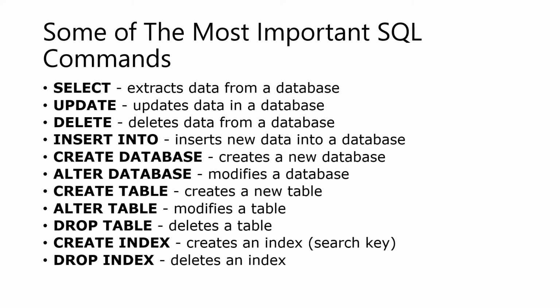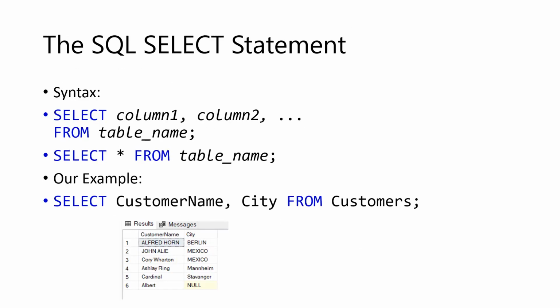We will look into each SQL statement in the coming slides. The first SQL statement is the SELECT statement. Syntax is SELECT followed by column names, then the keyword FROM followed by the table name.